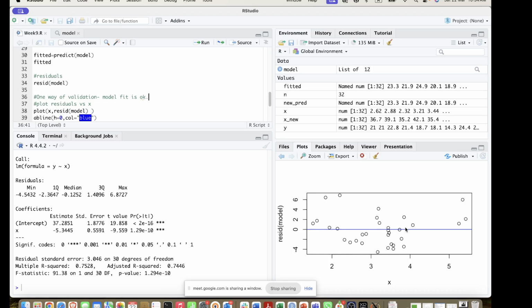If so, well and good, our model works well. Okay, yeah, so on an average the residual sum should be 0, right?